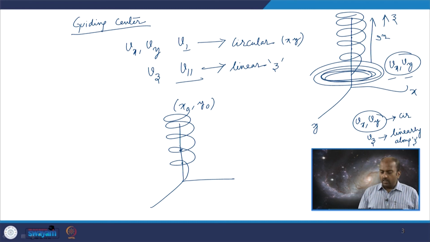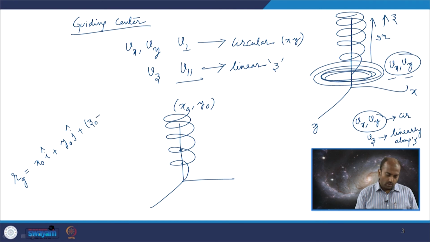We can write the position of the guiding center with respect to time, because there is a linear velocity involved. So, x0 in the x direction, y0 in the y direction, plus z0 plus v parallel times t along the z direction.